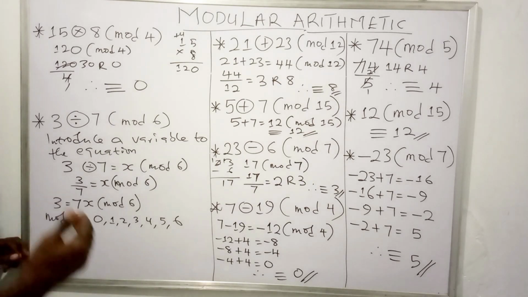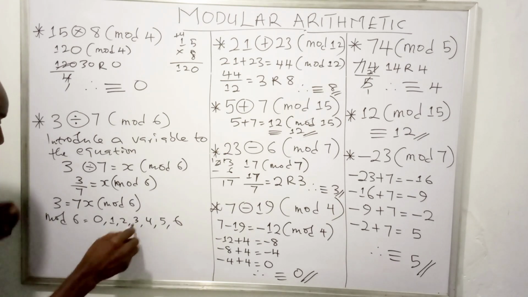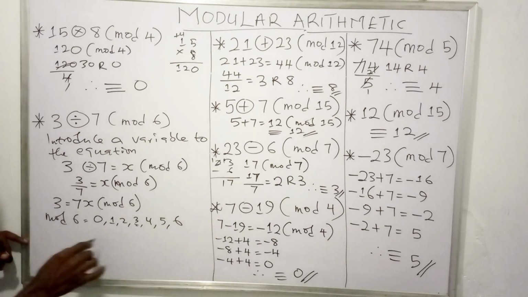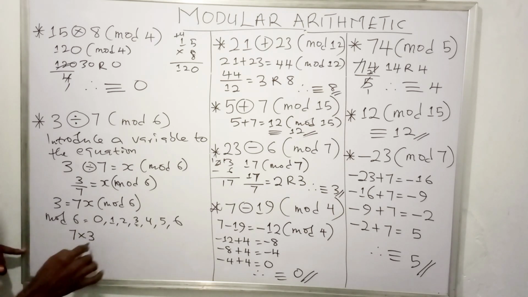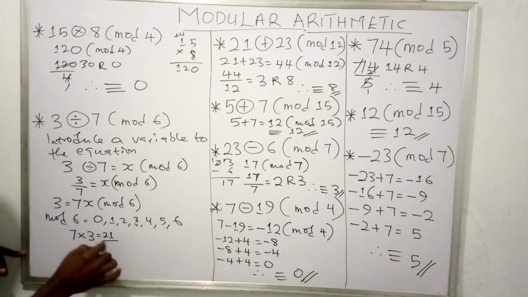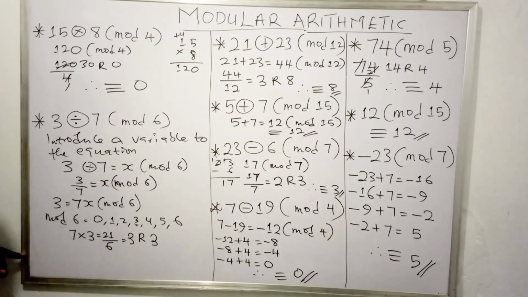If we divide 21 by 6, it gives us 3 with a remainder of 3. So you can see that 3 satisfies that. 7 by 3 gives us 21, then we divide it by 6, which gives us 3 with a remainder of 3.